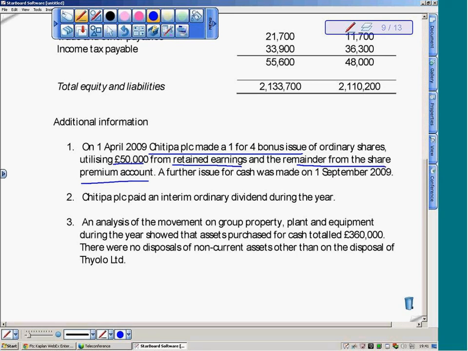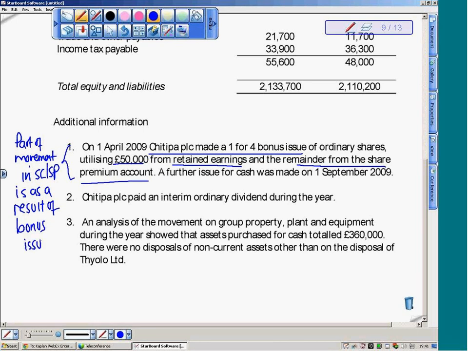A cash issue was also made. Now, why is that relevant? Well, what it's telling us is that after the movement, share capital and share premium is a result of this issue.